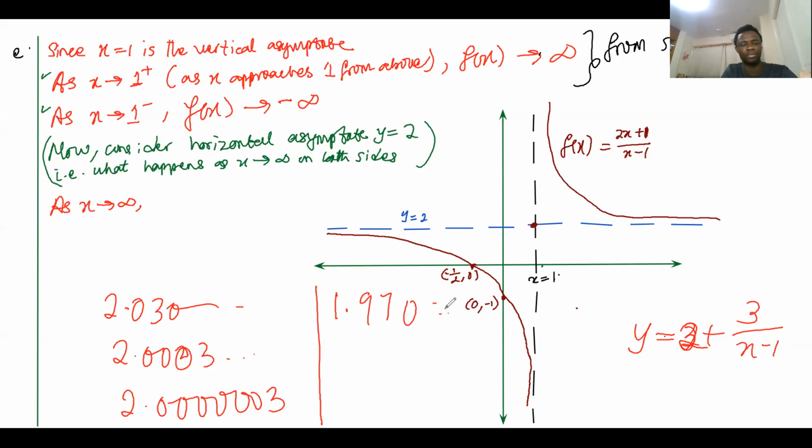Tell me what you see. 1.9997 something. Okay, so let's add 2 more zeros and make a conclusion. It's bigger than that, isn't it?